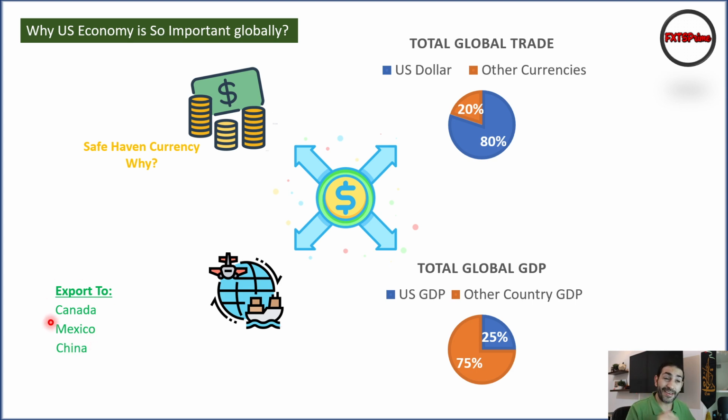And whenever there is an indicator related to Canada, you get to see that the movement of the US index or the gold or the Canadian dollar or the euro dollar is significant. So that means those countries affect the price of the US dollar and their currency prices against the US dollar.